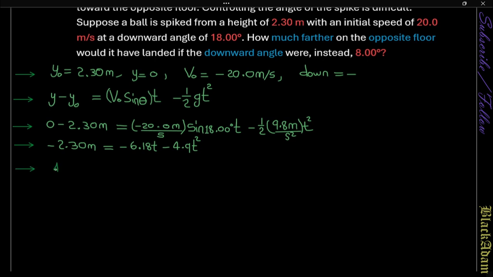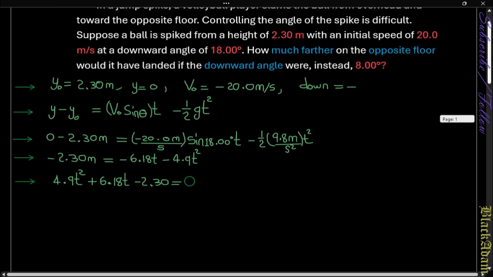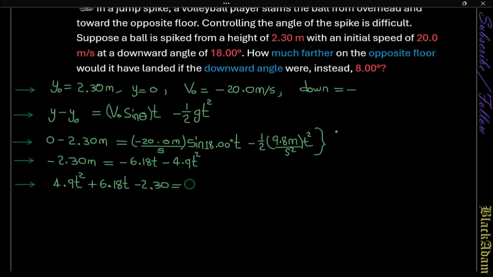So we need to know the time that the ball will reach the ground. So 4.9 t squared plus 6.18 t minus 2.30 is equal to 0. That is the landing time.